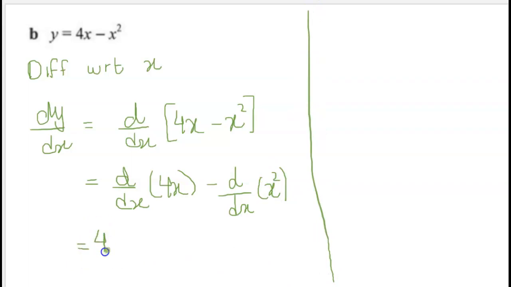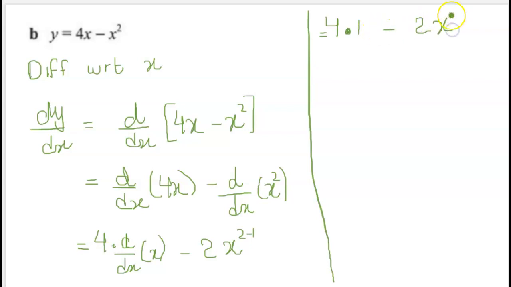So the 4 comes out, and that's d over dx of x. According to that rule, the 2 comes out, reduce the power by 1. Now the next step, 4 is here, and d over dx of x is just 1. 4 times 1, that's 4, minus 2x to the power 1. We usually do not write this 1, so 2 minus 1 is 1.